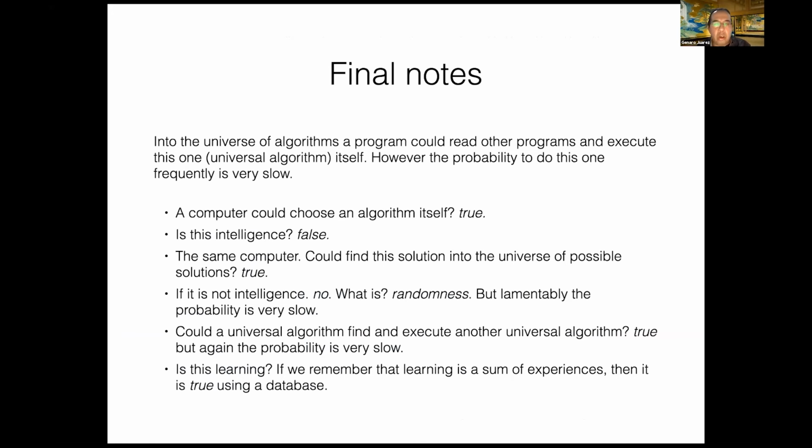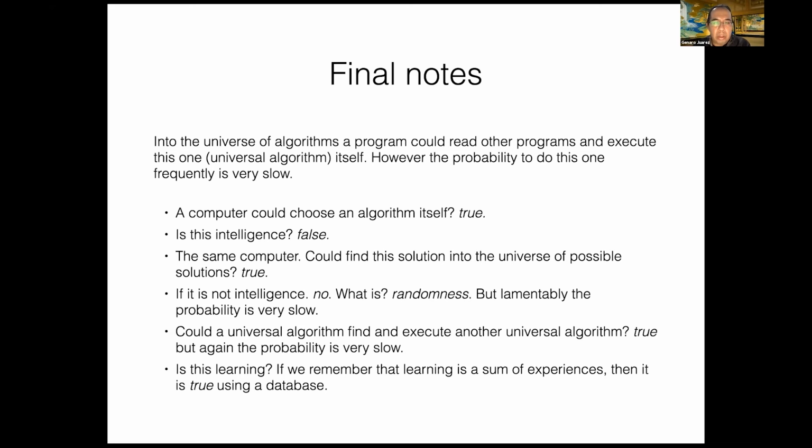Well, theoretically, it is true, because, well, is there a way to get this algorithm? Is this intelligence? No, because intelligence is different from the number of experiences needed to get a final result.